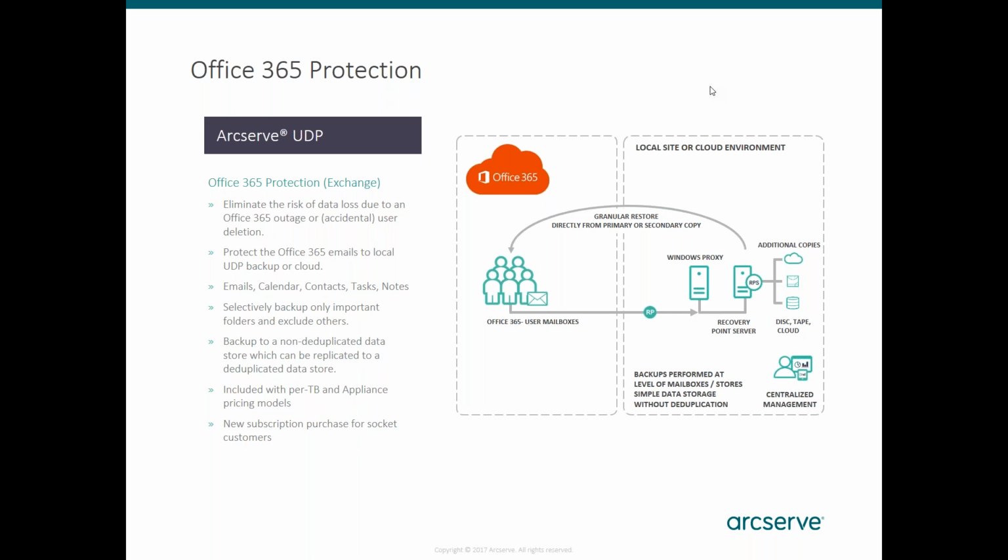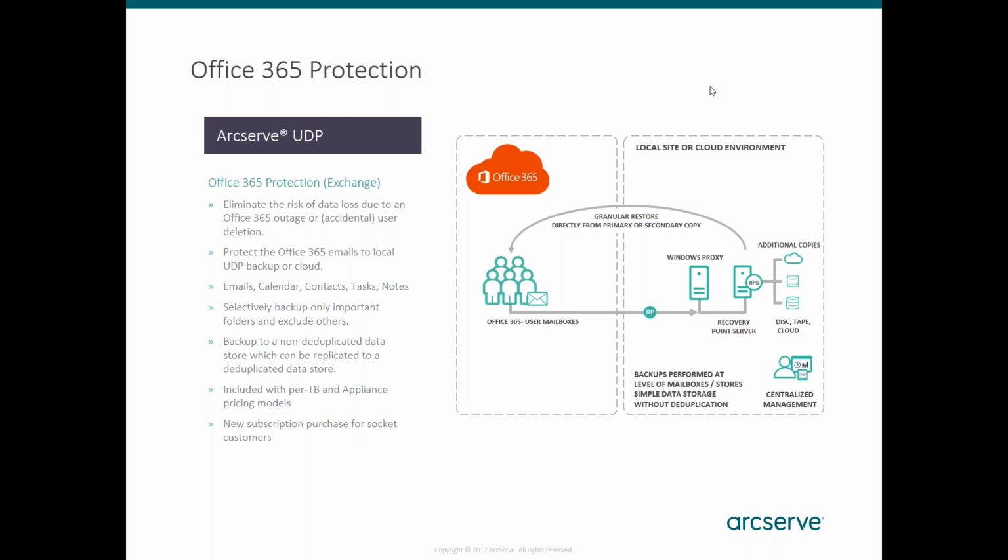A data store is basically a storage pool on disk that we manage from our recovery point server. Prior to update 2, you had to create a separate data store with dedupe switched off to be able to back up Office 365, which meant we could only compress the data and not globally dedupe it. You could replicate that data store to a data store with dedupe enabled, but the initial data store that the data landed in had to have compression only and dedupe switched off.